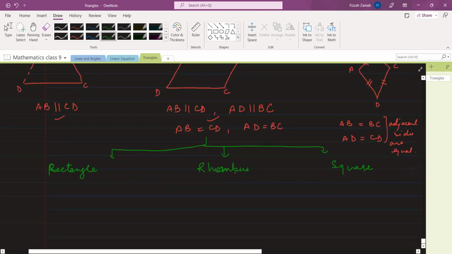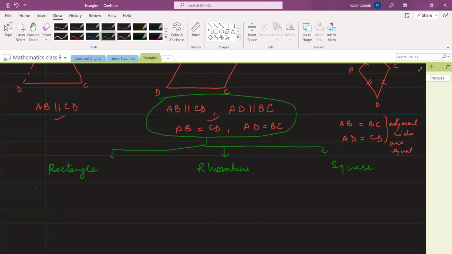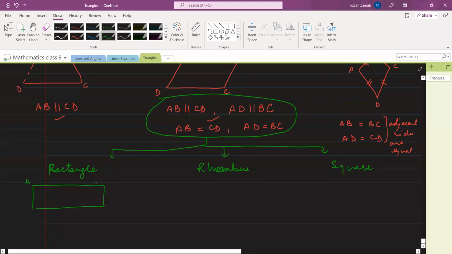Now what happens in rectangle? See, now these criteria has to be fulfilled in all the three figures now. So that is fulfilled. As you can see, a rectangle looks like this: A, B, C, D, right?